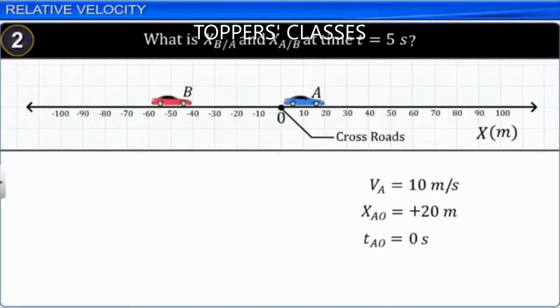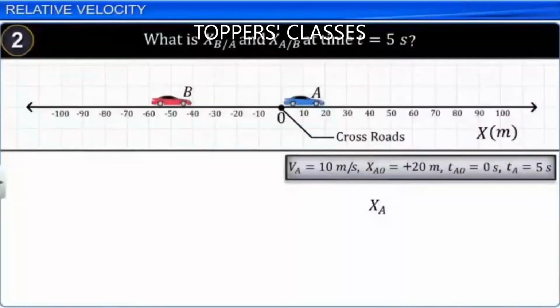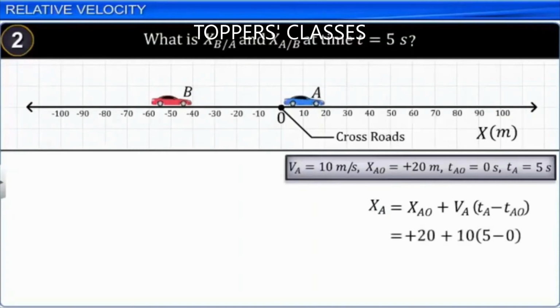We need to find x A. x A is equal to x A O plus v A into t A minus t A O. On substituting and simplifying, we get x A equal to plus 70 meter.